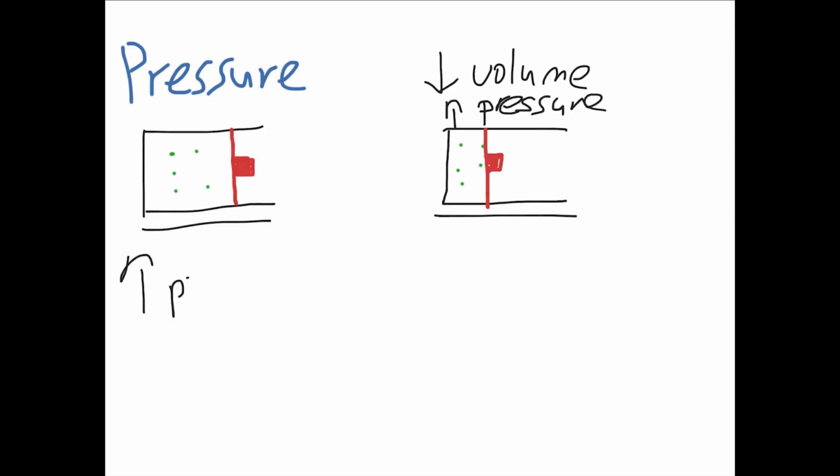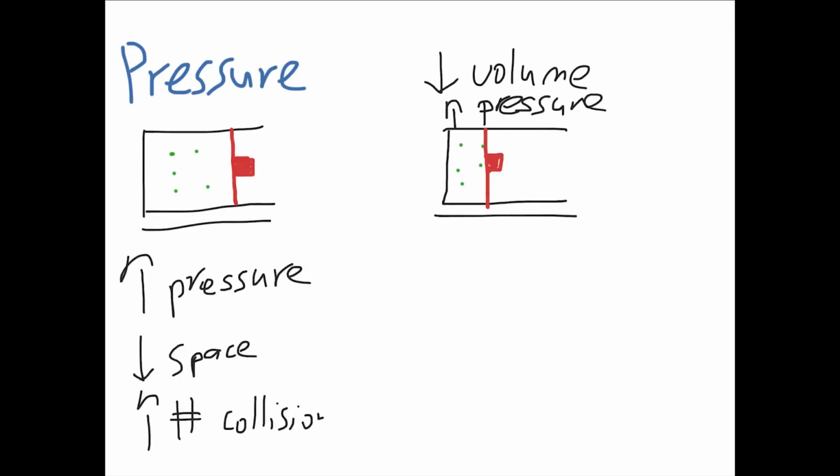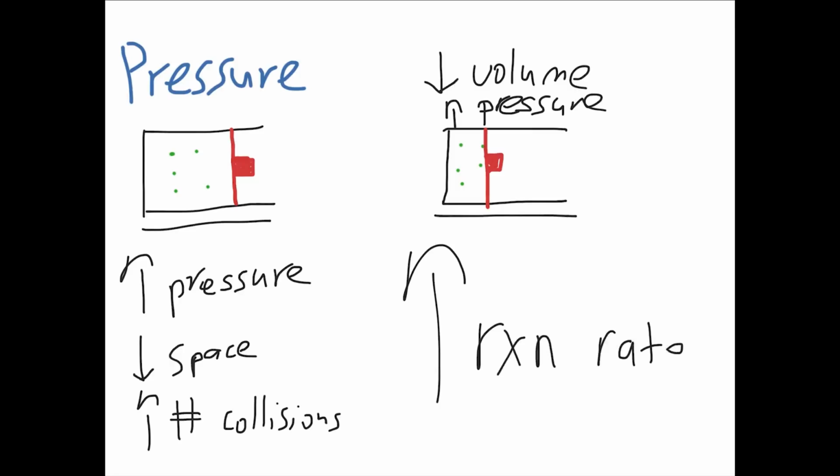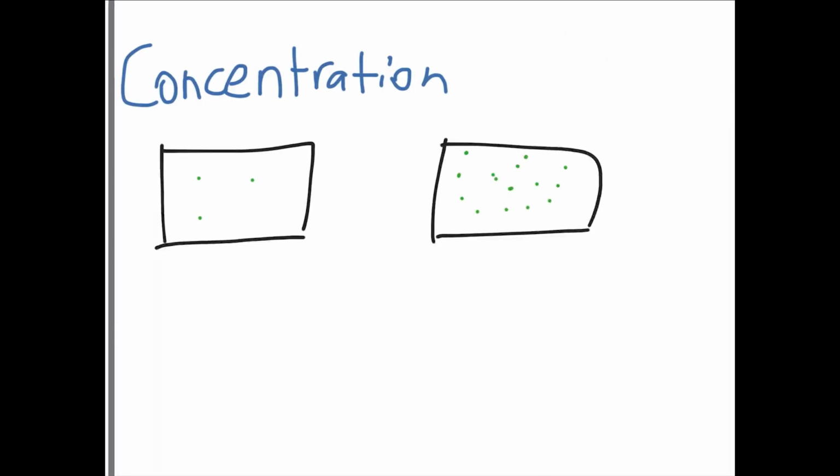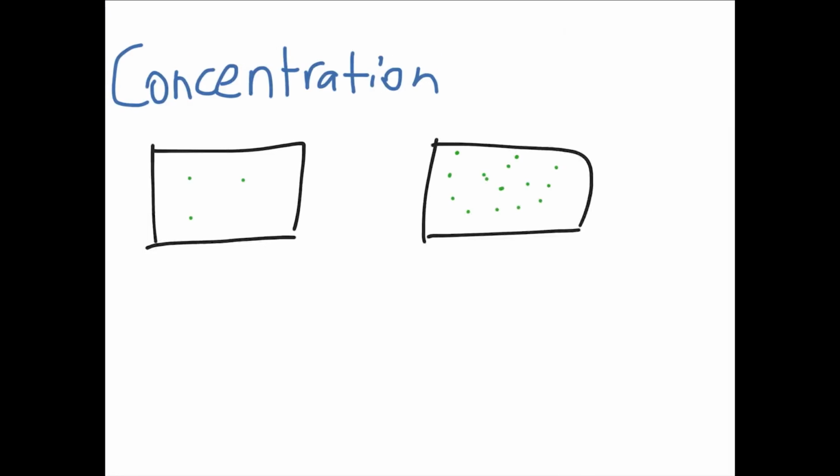So a higher pressure comes with a lower volume, which means that there is less space between the reactants, which means that there will be an increased number of collisions, therefore causing an overall increase in the reaction rate. The important thing to note with pressure is that this is for gases only, because you can only compress gases.